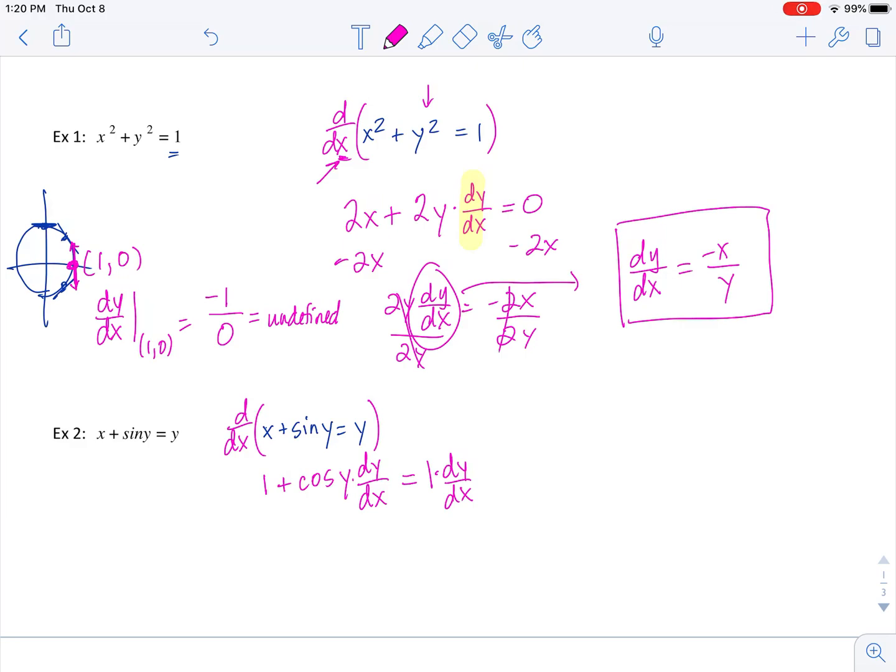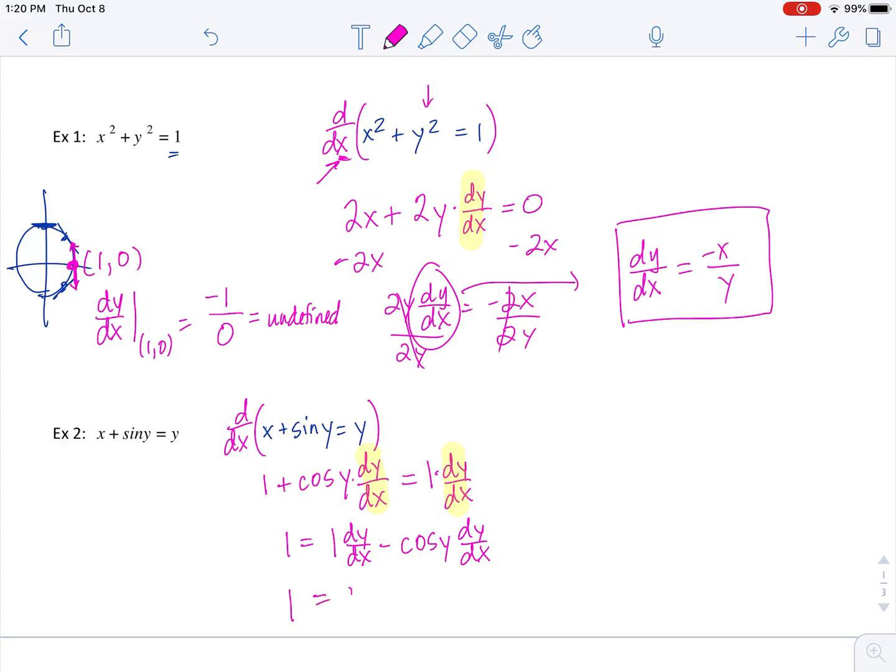All right, so now we're going to solve for dy/dx in this one. It gets a little more interesting because we have 2 dy/dx's in this example, unlike the last one. So I'm going to group those on the same side and factor them out. So I will probably write 1 equals 1 dy/dx, and then subtract the cosine y to this side.